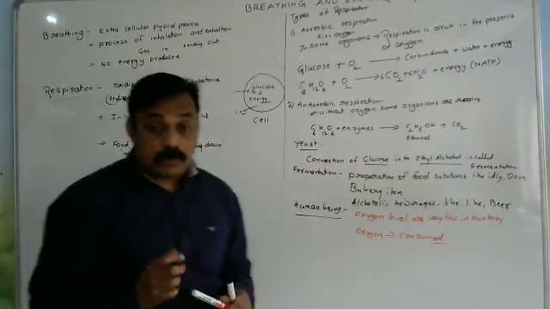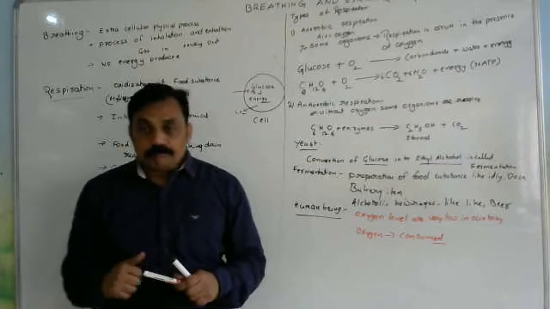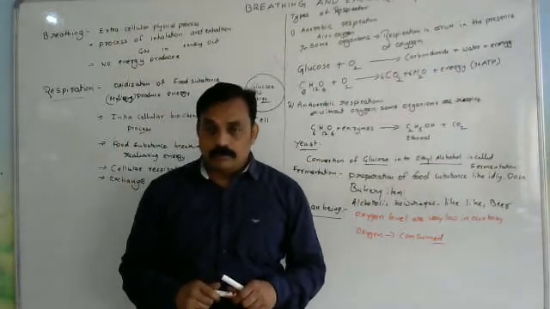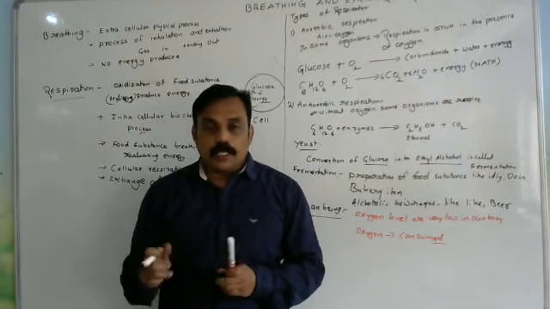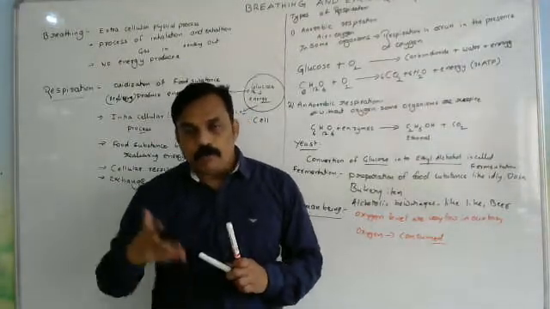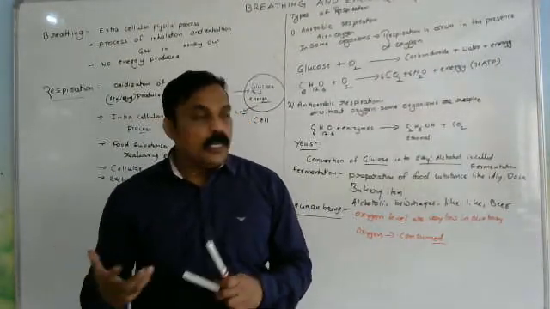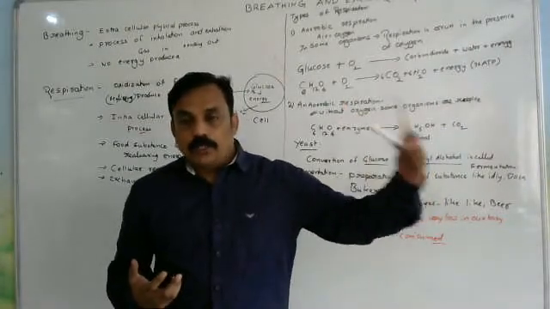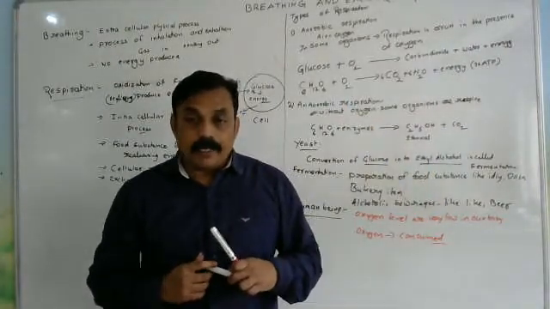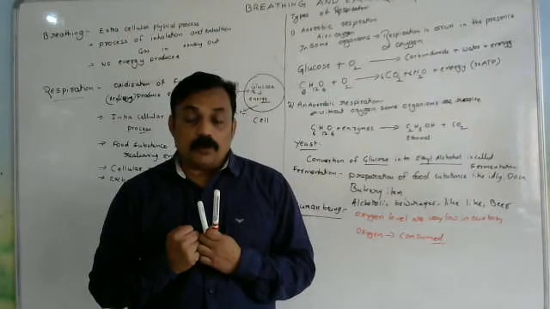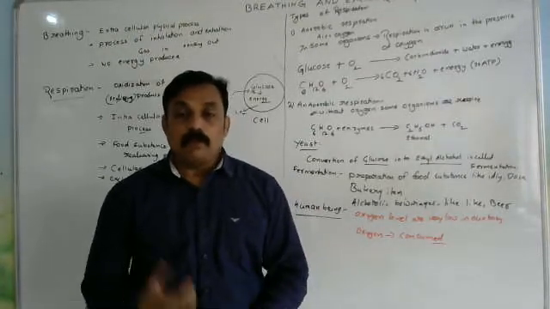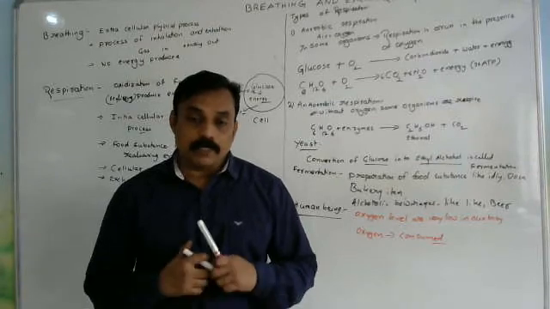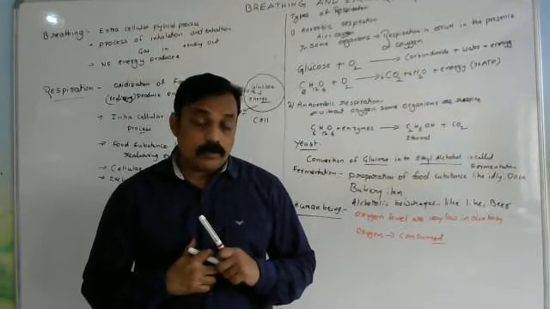Sometimes we play without taking rest. If you play for 4 to 5 hours, or run 3 to 4 kilometers, what happens? After a few minutes, we feel muscle pains. Why? Because there is not enough oxygen in our body.